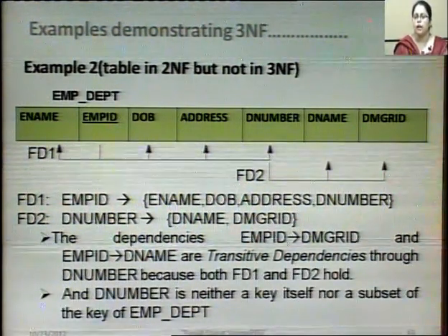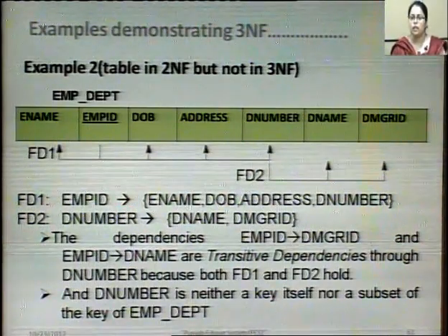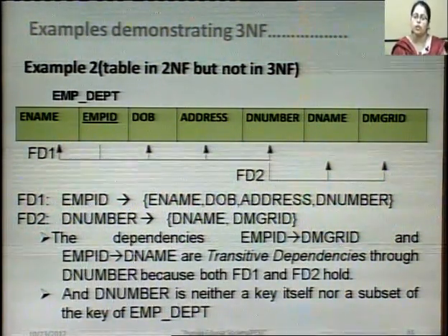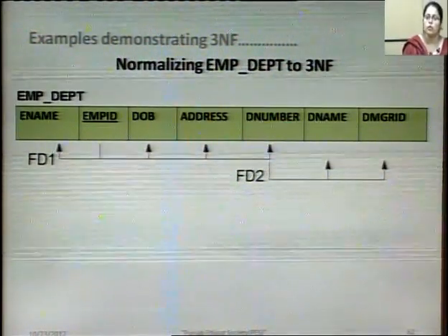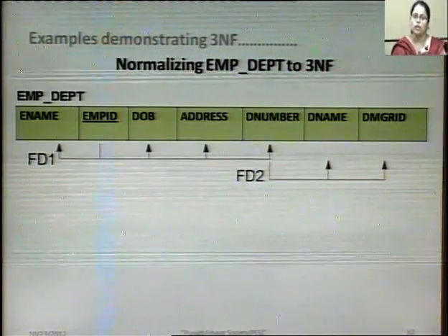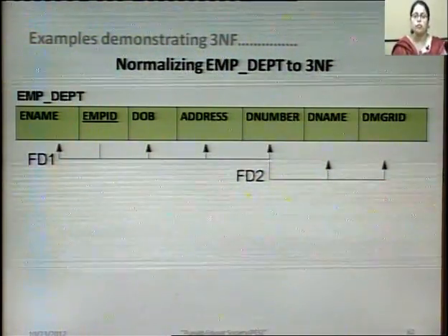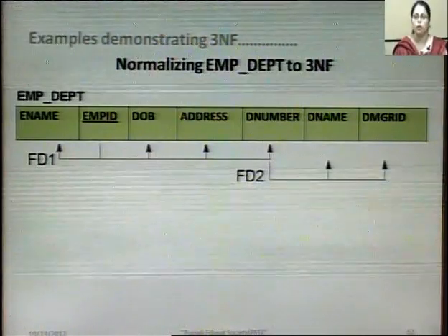And we can see that department number is neither a key itself nor a subset of the key of employee department.